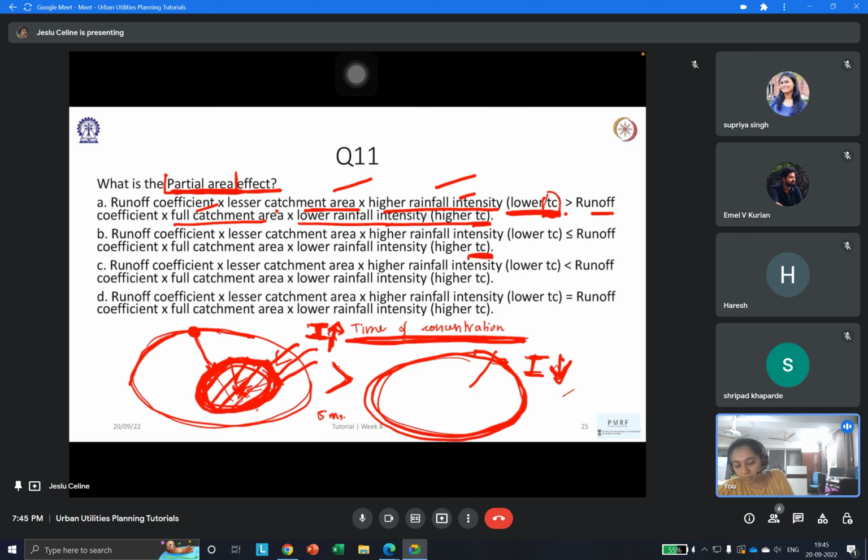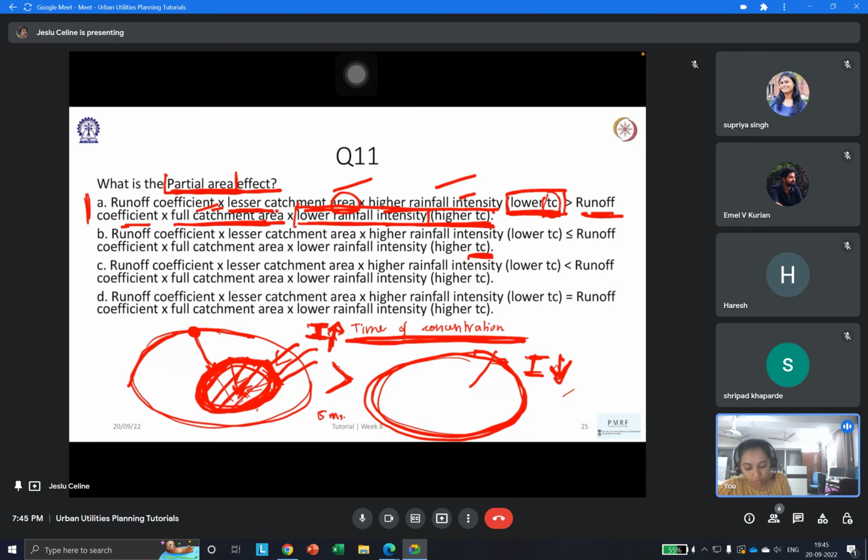So as Supriya was saying, option A is the right answer. That is when you take the runoff coefficient into the overall catchment area. So here it is a lesser catchment area that we are talking about, and higher rainfall intensity. Basically, we are talking about this lower time of concentration that can be greater than the total runoff coefficient into the full catchment area into lower rainfall intensity. So again, what is playing an important role?